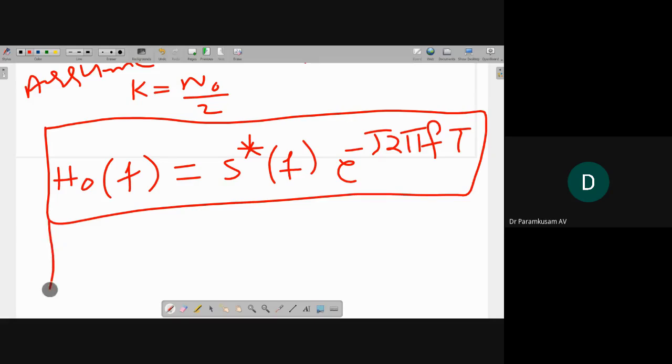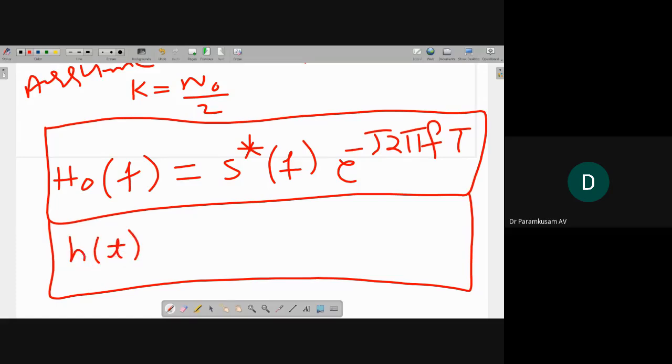Now the unit impulse response of the optimum filter is given by, note it down, the inverse Fourier transform of H naught of f. Now h of t is equal to the inverse Fourier transform of H naught of f, that is S star of f e power minus j 2 pi f t.